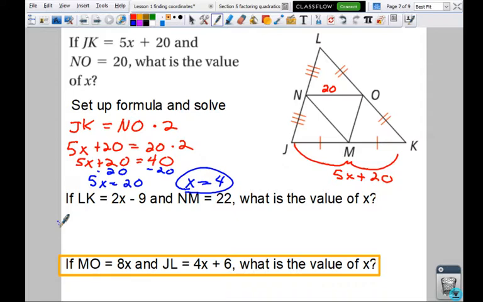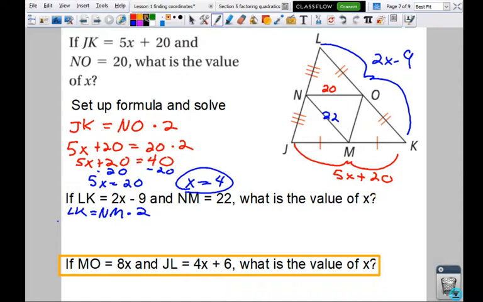So on the next one, if LK equals 2x minus 9, we'll write that over here. LK is right here. If this is 2x minus 9, and NM equals 22, we can solve it by doing the same thing. LK is going to equal NM times 2. You guys are going to help me fill it in.